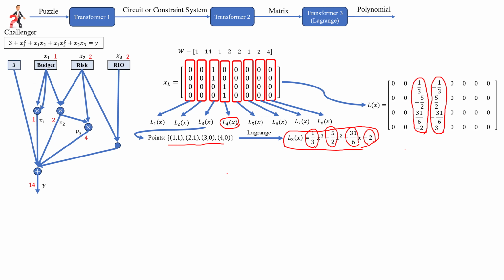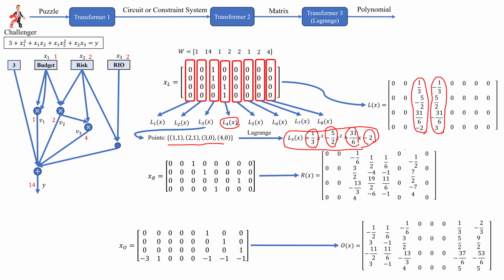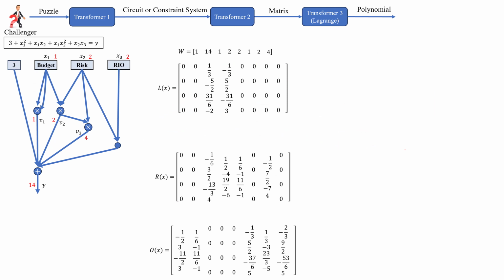Okay, if you got the idea, now we can convert the other matrices into matrices of the coefficients of the polynomials. We will do the same thing for matrix XR and convert it into the matrix R of X, which is the list of coefficients of the polynomials, and also XO into the matrix O of X. So now we have the matrices of the coefficients of the polynomials.